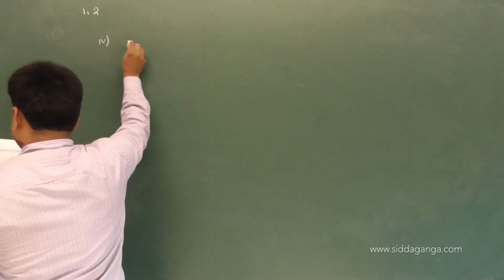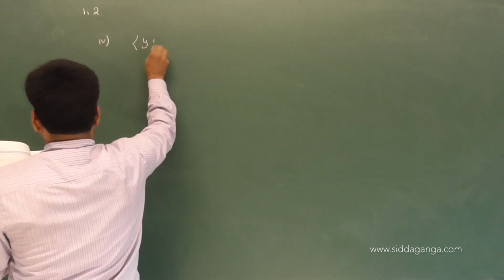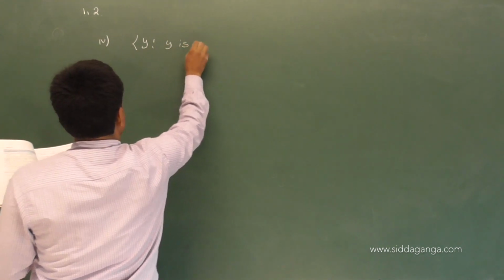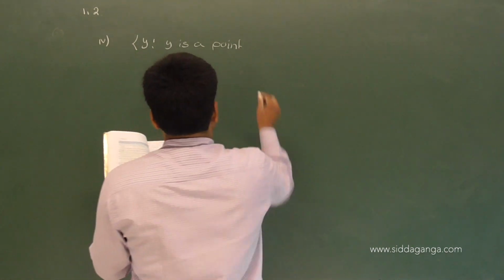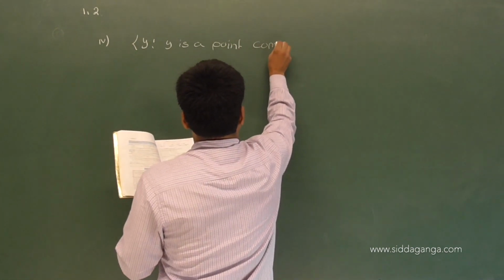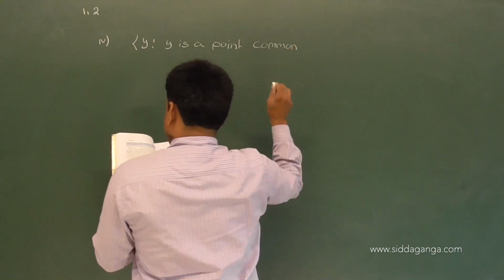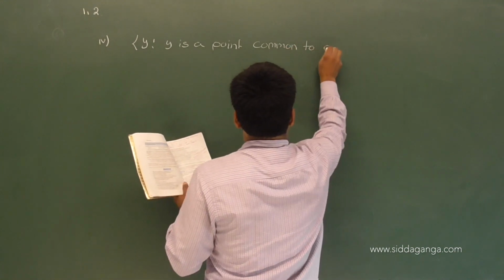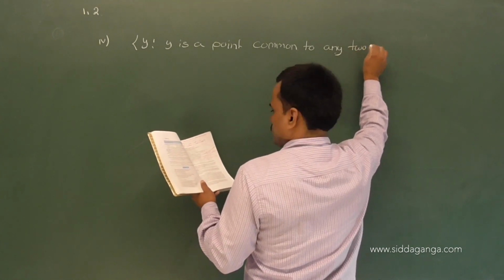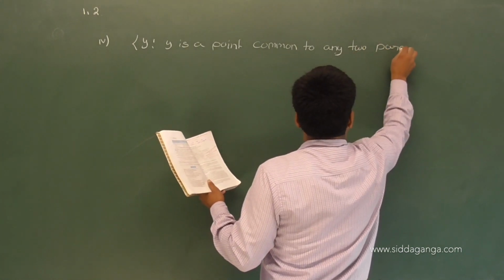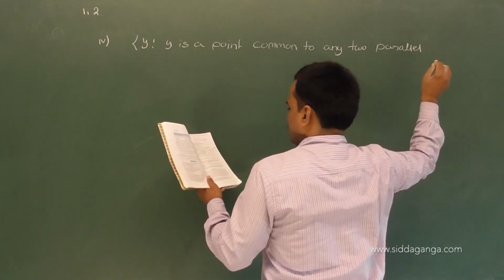Fourth one: y such that y is a point common to any two parallel lines.